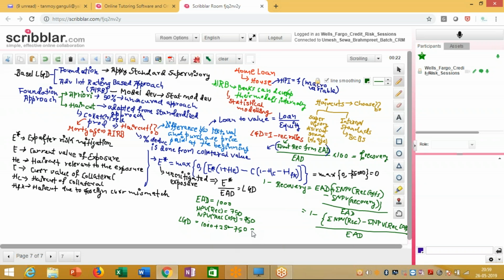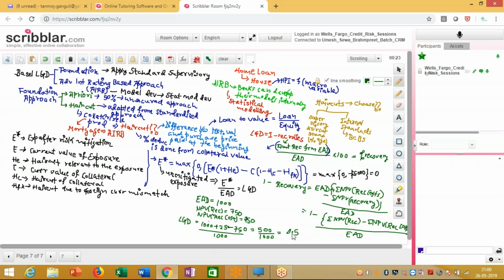So the amount that I could not manage to recover was 250, right? So what was the loss given default? This as a percentage of the total exposure. So the LGD that I have over here is 0.25.